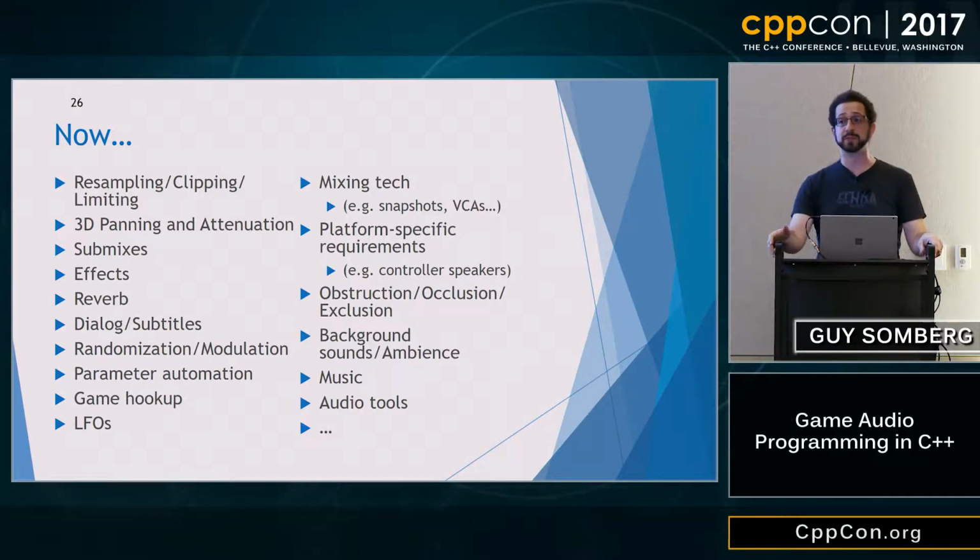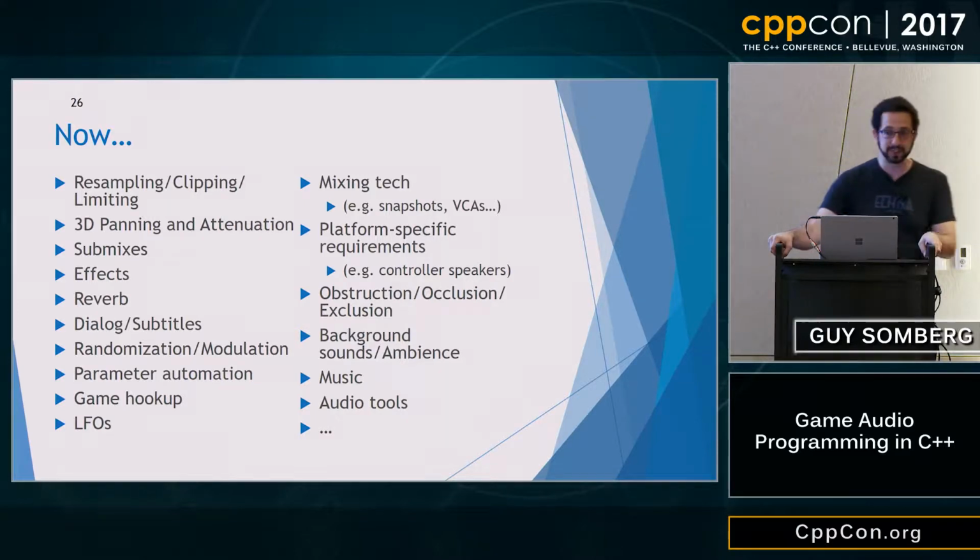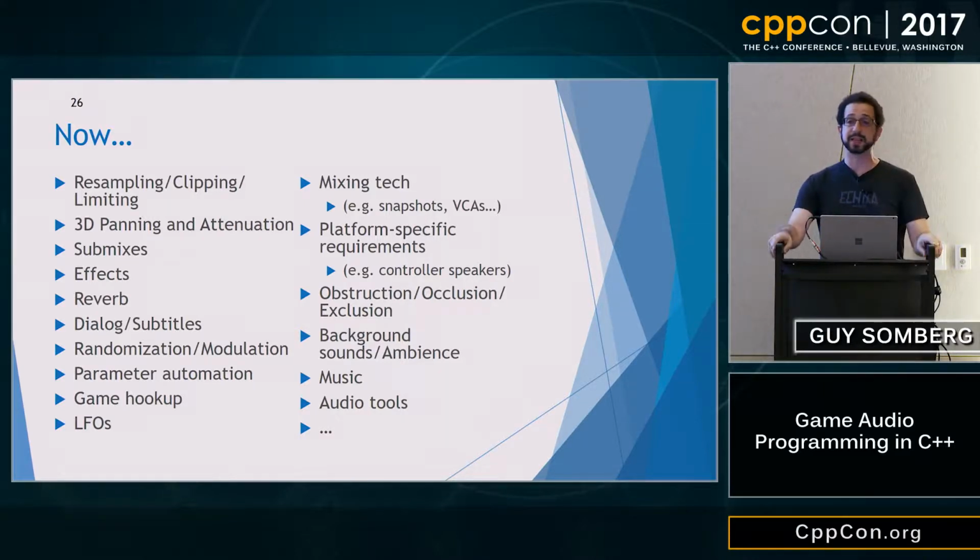Video games are usually 3D constructs, so we have to have some sort of 3D panning mechanism. Historically, that's been a vector-based amplitude panning algorithm, but these days with VR, we're moving into a lot of ambisonics, stuff like that. 3D attenuation sounds simple on the surface, but has a lot of subtleties. Submixes are another important feature where you can have some audio data that is mixed together with other audio data, and then creates a mix point where you can apply effects such as reverb or filters, and volume adjustments, and then send that off to another submix and onto another submix.